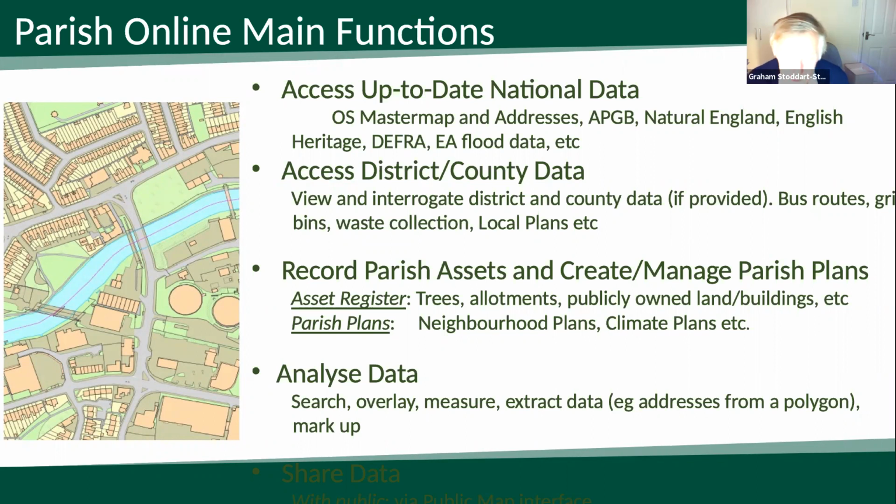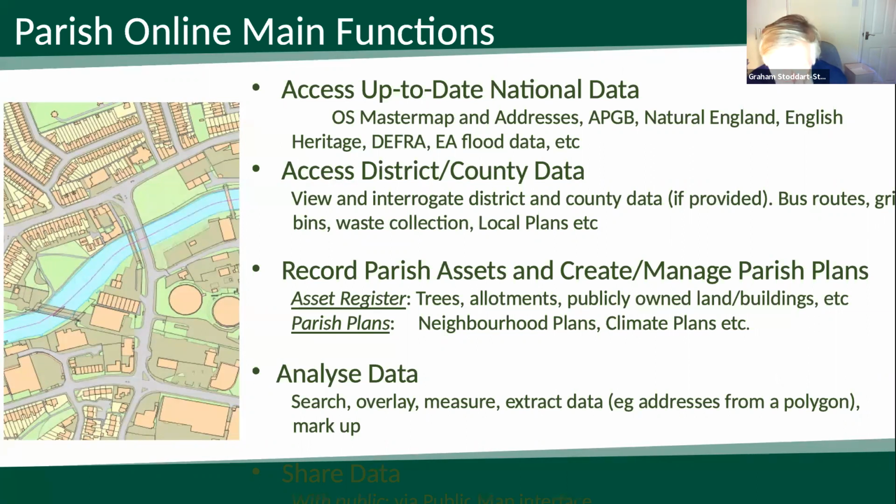But a lot of that depends upon how your local authorities are providing information to the Ordnance Survey. So you have access to district and county data depending on where you are. And that's why it says there, if provided. And I'll get onto that later because that's a big and enthusiastic issue supported by the user group.